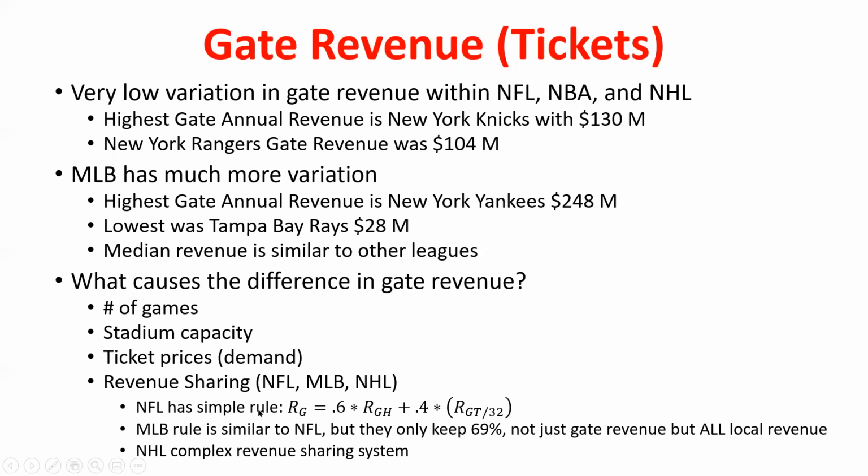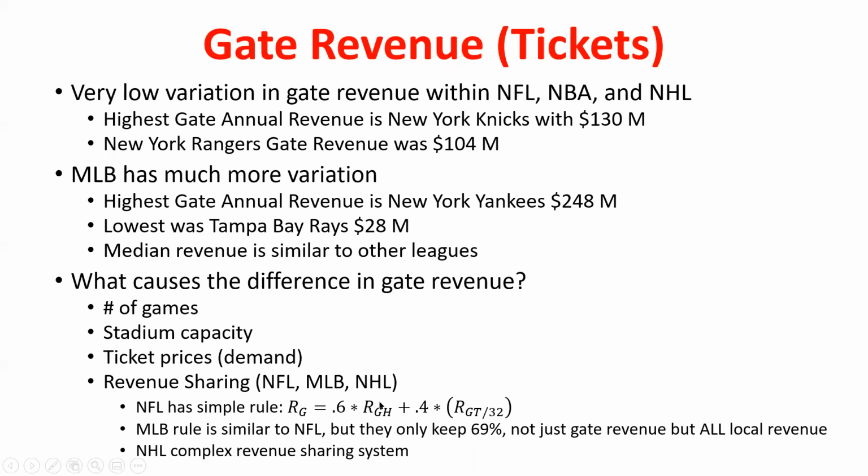But if you wanted to figure out how much revenue is coming from, say, choose your NFL team, the Indianapolis Colts, you would take their gate revenue. They keep 60%. The remaining 40% is redistributed evenly to every team. So they get a little bit of it back, right? I guess 0.4 over 32 comes back to them. So technically they're keeping a little more than 60%, but it's because the procedure in which it's done is everybody pays in and then it's redistributed.